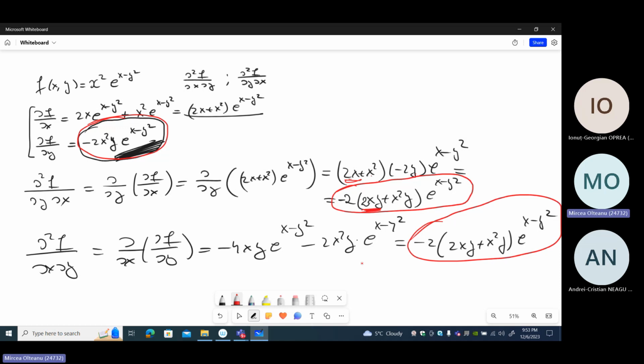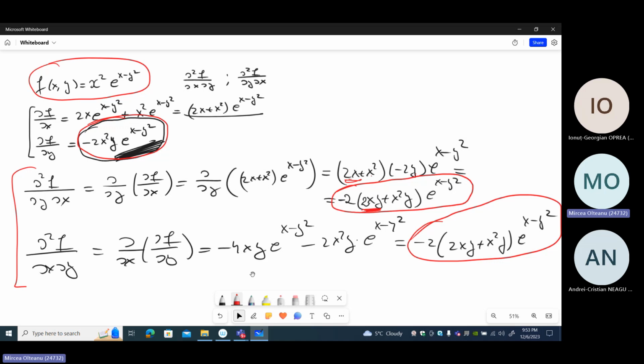Well, it's not a coincidence, of course, because this function is far away from having special properties of symmetry between x and y. On the contrary. So it seems that the second order mixed partial derivatives are equal.